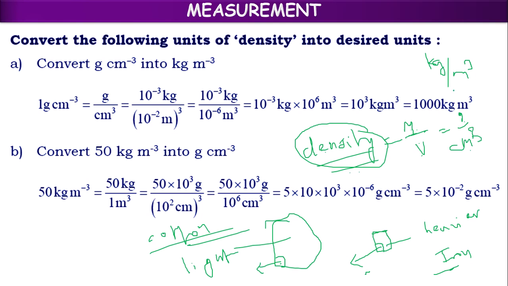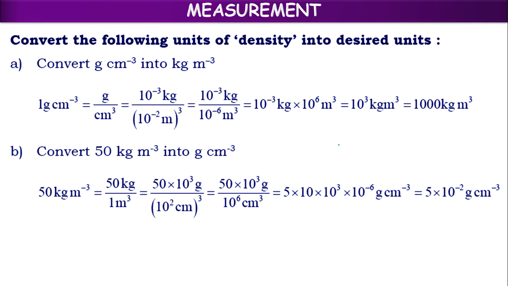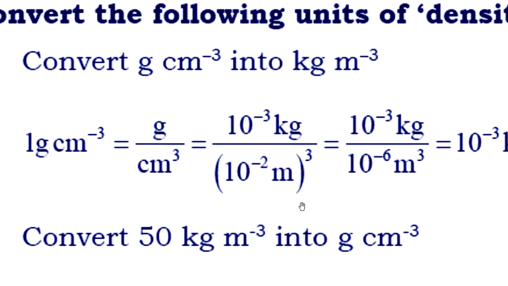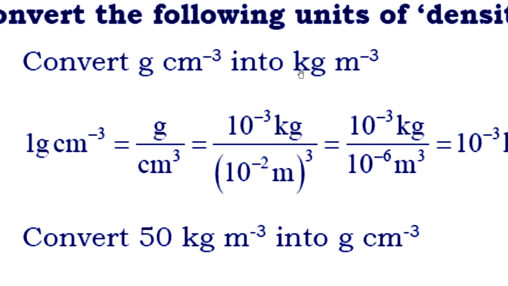So gram per centimeter cube can be written as gram centimeter to the power of -3, and kg per meter cube can be written as kg meter to the power of -3. Here, children, convert gram centimeter to the power of -3 into kg meter to the power of -3.